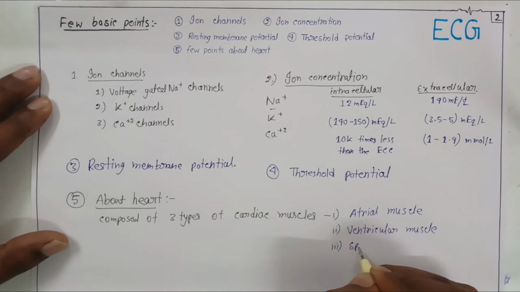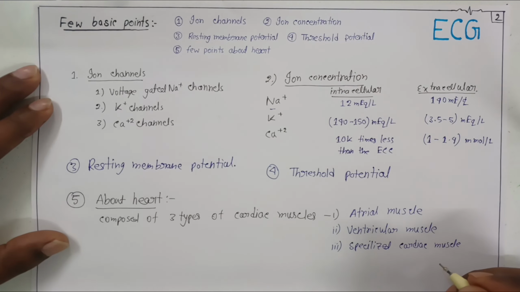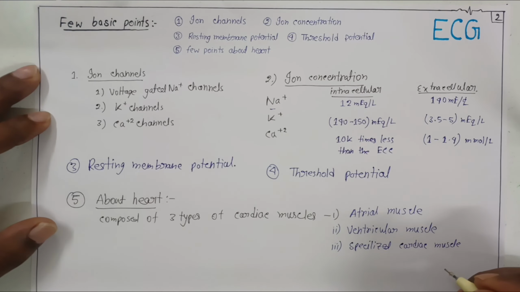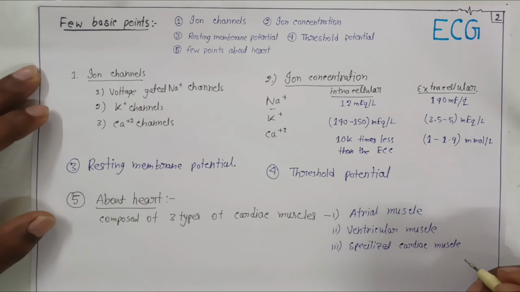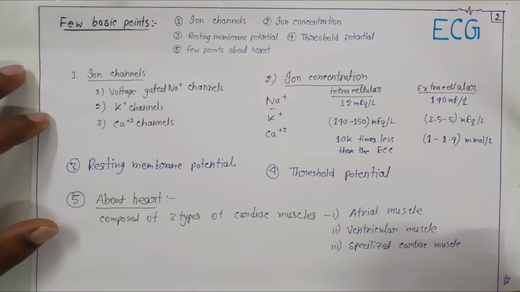So in short, specialized cardiac muscles, like SA node, AV node, the Purkinje fibers. These are under the specialized cardiac muscles.